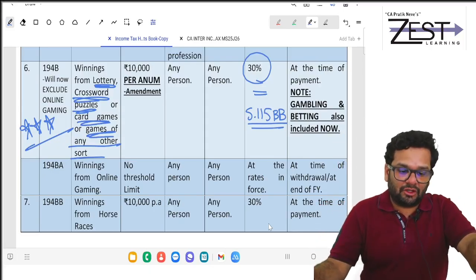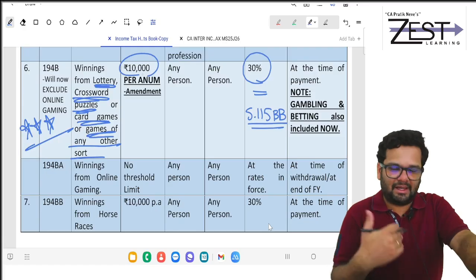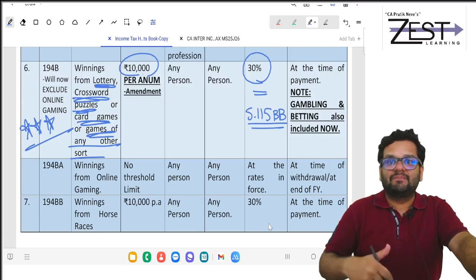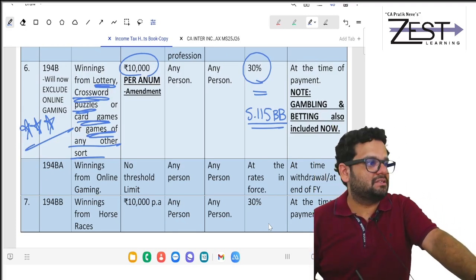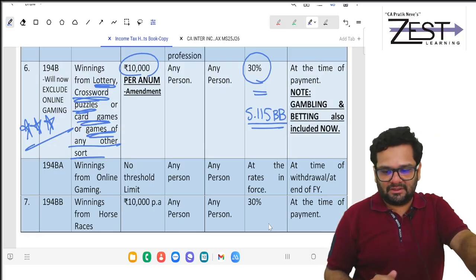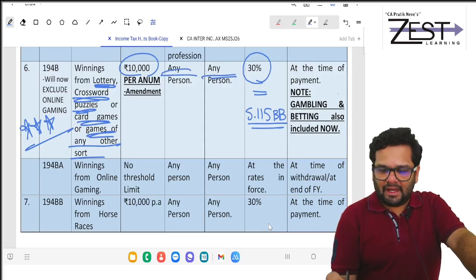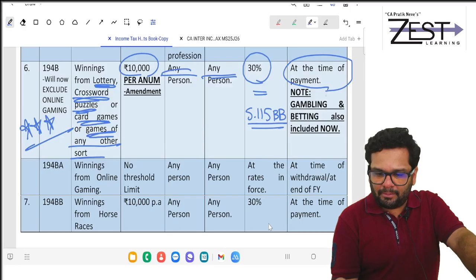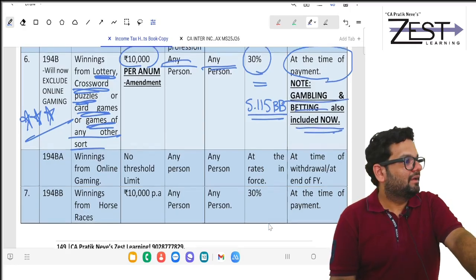What is the threshold limit? 10,000 per annum. Means if one payer pays another payee 10,000 or more during the year, TDS will happen at 30%. So don't take tension. At the time of payment. Gambling and betting will also be included in this.